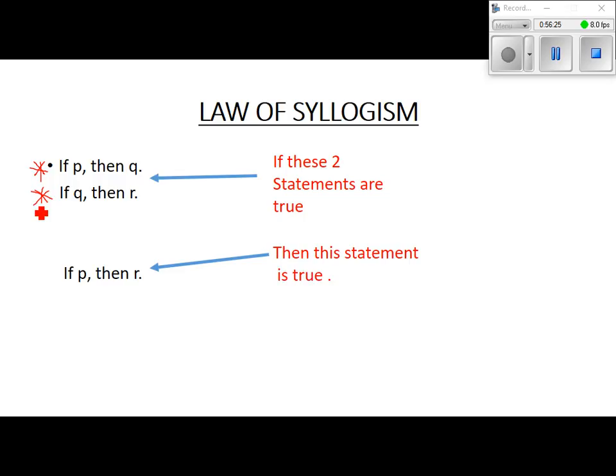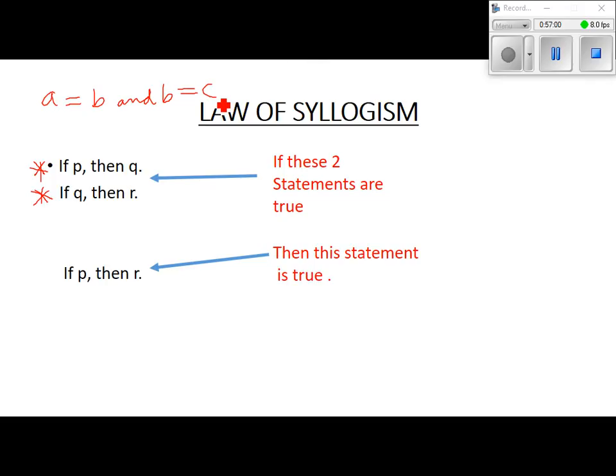What's the hypothesis in this first one? P. What's the conclusion? What's the hypothesis in this one? Q. And then what's the conclusion? See anything there? Hypothesis, conclusion, hypothesis. See anything? In algebra you probably did something like this: A equals B and B equals C, then what conclusion could you draw?